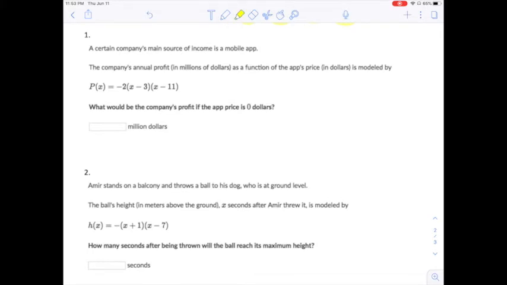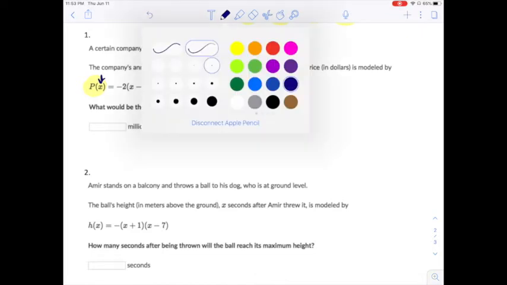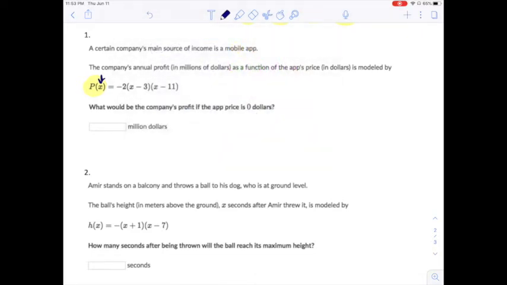When I look at this, that's P of x, the function, and x is my input. You get the annual profit function, so P is my profit. Profit is your output.